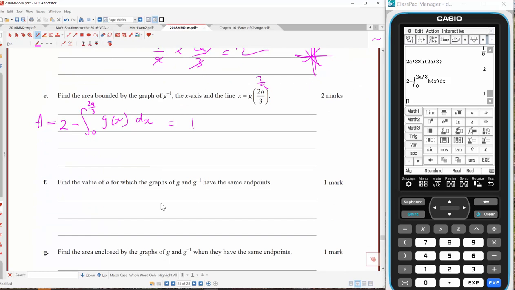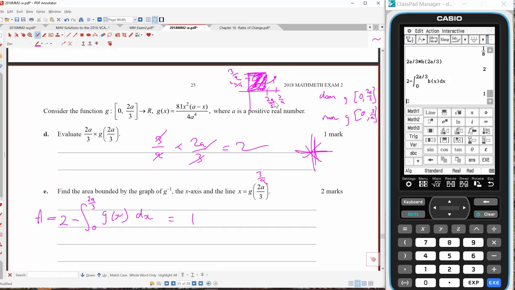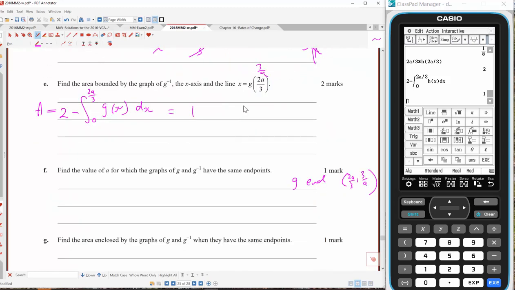All right, so find the value of a for which the graphs of g and its inverse have the same endpoints. So the endpoints of g are 2a on 3, 3 on a. Let's just check that. Yeah. And g inverse endpoints will be just those flipped around, so 3 on a, 2a on 3.